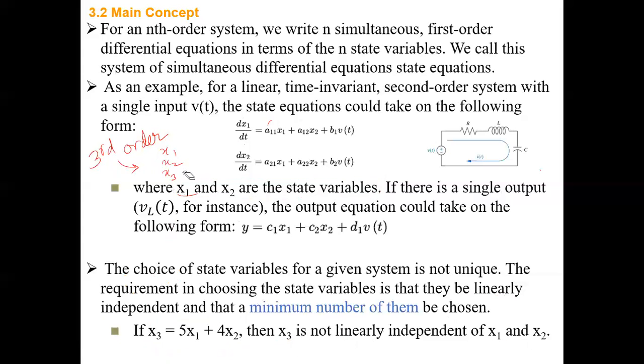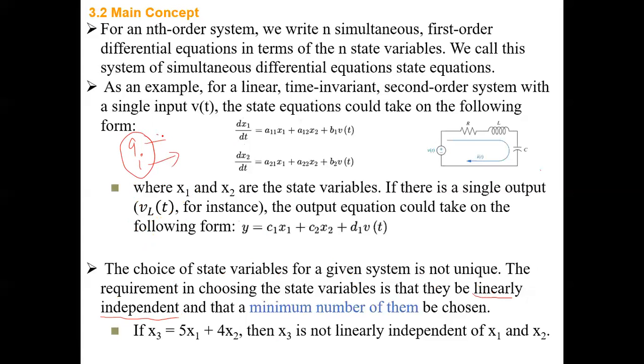So far so good. Any questions here? Okay, now, how do you know which variables are linearly independent or not? Suppose you chose 2 variables, let me say Q and I. Are these linearly independent?